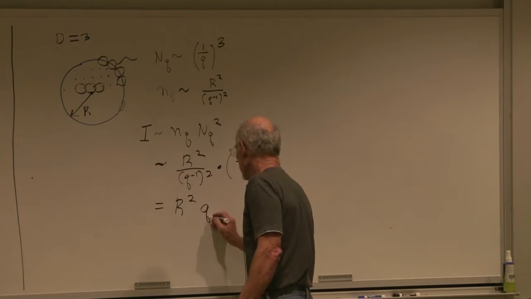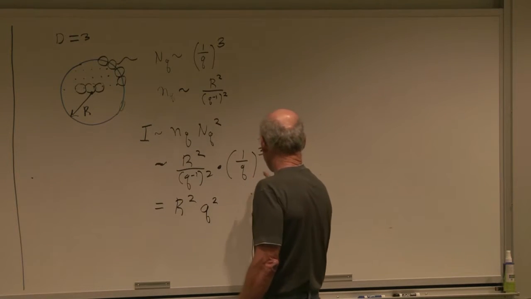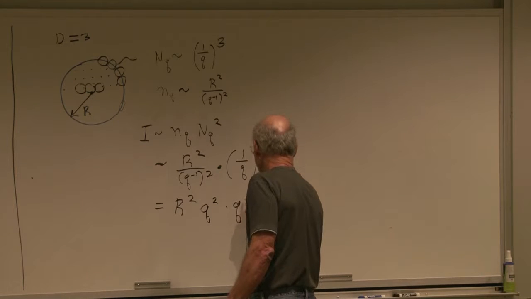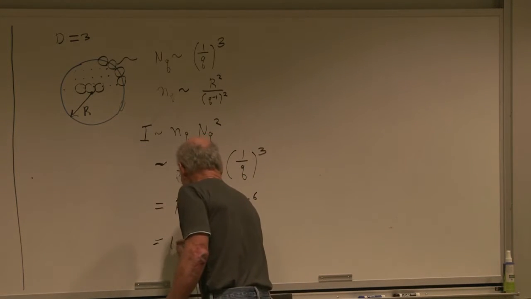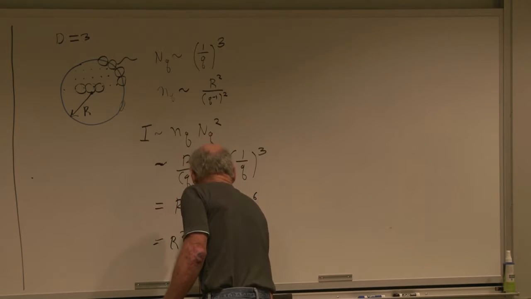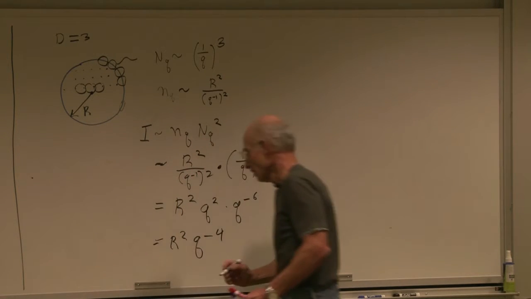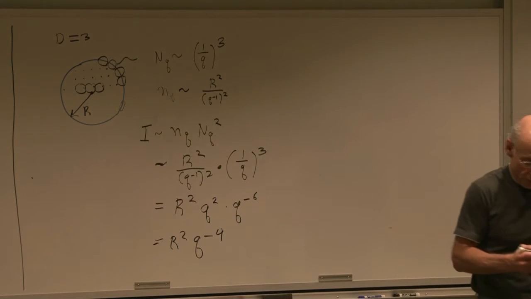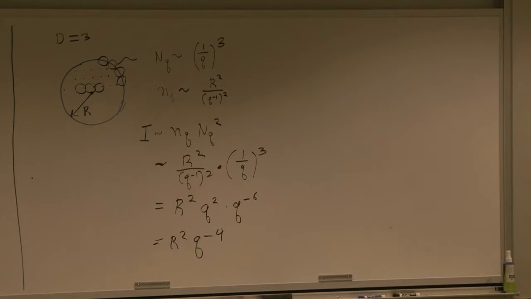This becomes a Q squared, and this is a Q to the minus 6, so I get R squared Q to the minus 4. Okay. Now, is that correct?